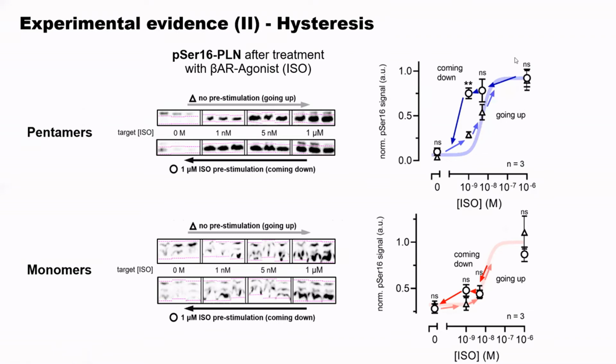So I think in the future I need to optimize this experiment a little bit in order to reach a conclusion. But at least conceptually, and based on the model prediction, I would also expect to see at least some hysteresis for monomers as well.